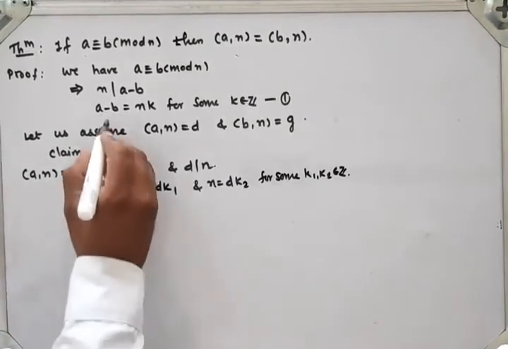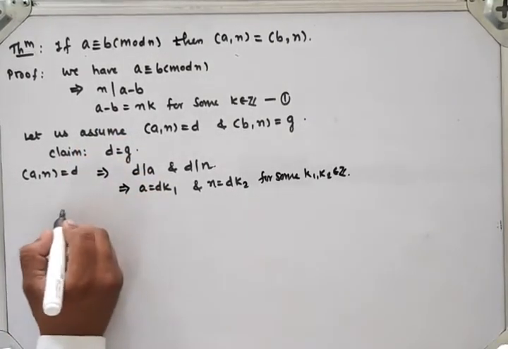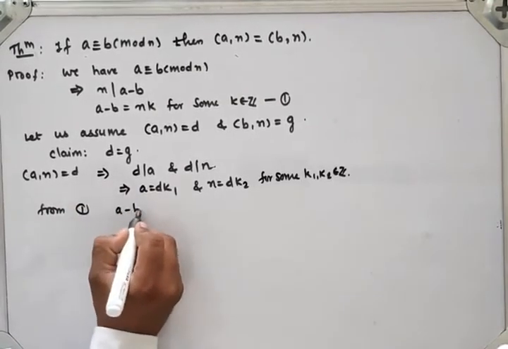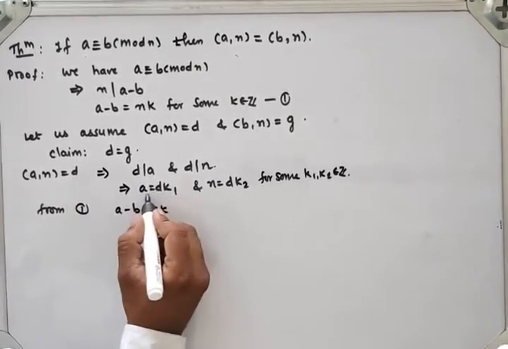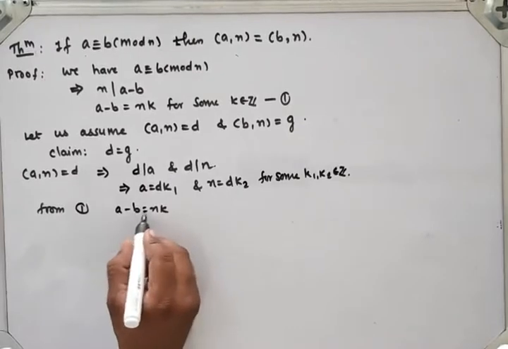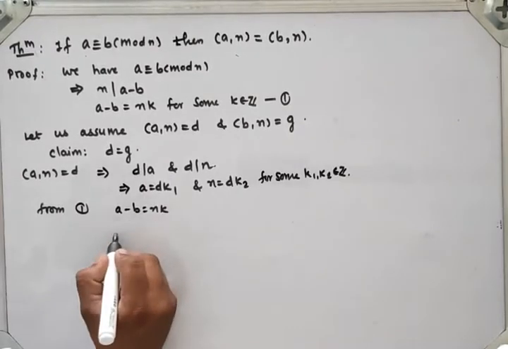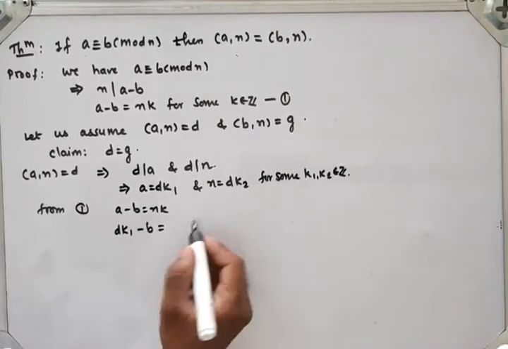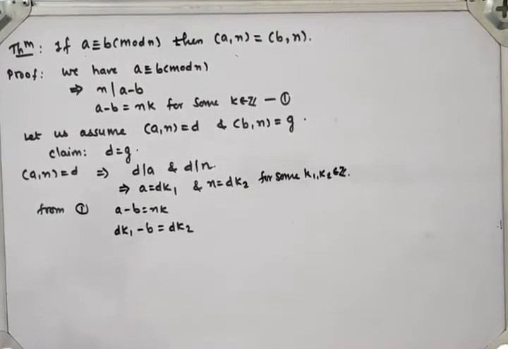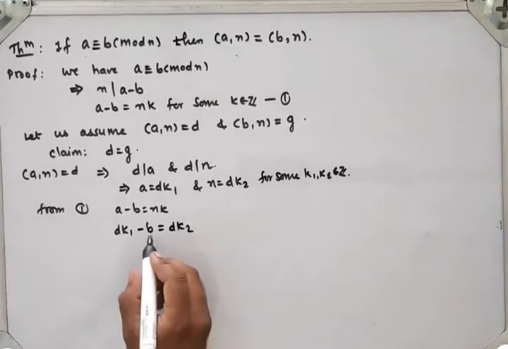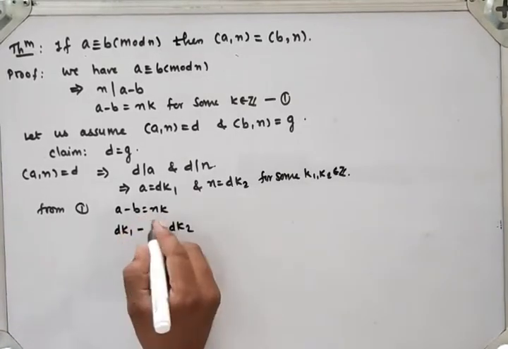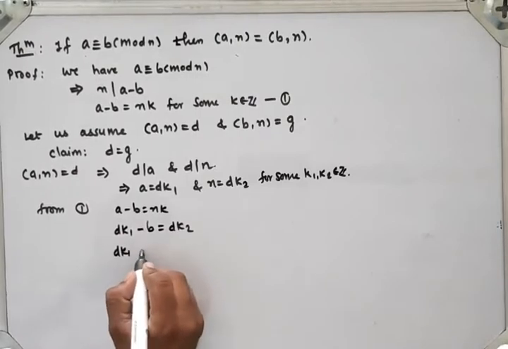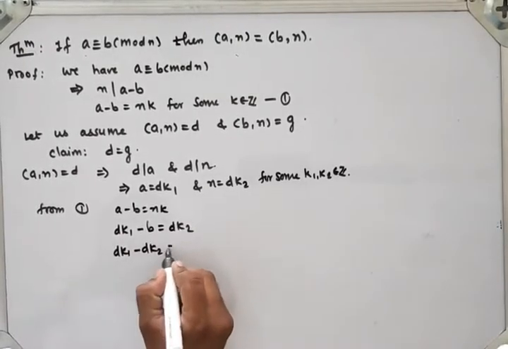From equation 1, a minus b is equal to n k. So substitute the values of a and n in this equation. We get d k1 minus b, and n has value d k2. So I will take b outside.